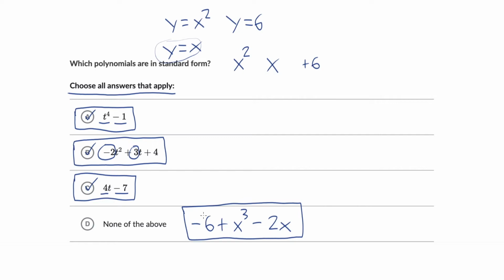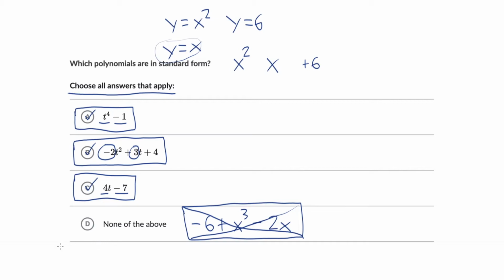Because the constant is first, right? And then an exponent. It should be ordered from highest to lowest, not any way you want. There's order, there's rules, and you've got to use the right form. So this is a big no-no because that -6 should go at the end. Constants always go at the end and exponents always go in the front.